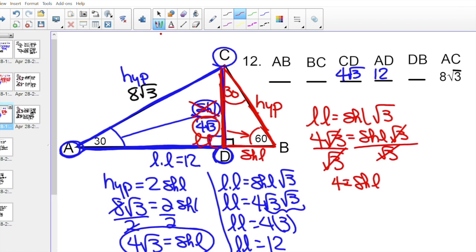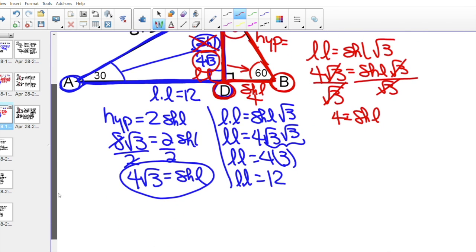And now the shorter leg is 4 right here, but that's from D to B. So on your chart, DB would be 4. That leaves us then to determine what the hypotenuse is. Okay. Now, that means the hypotenuse is 2 times the shorter leg.